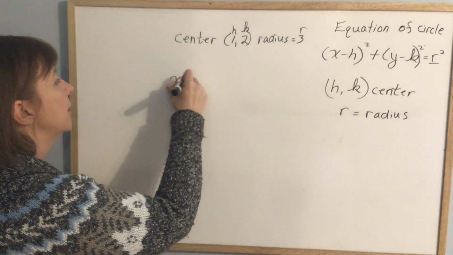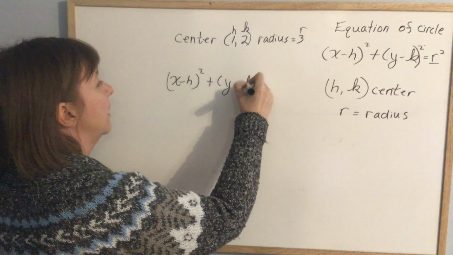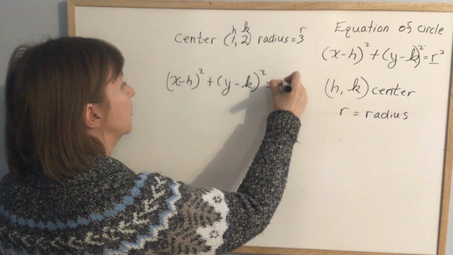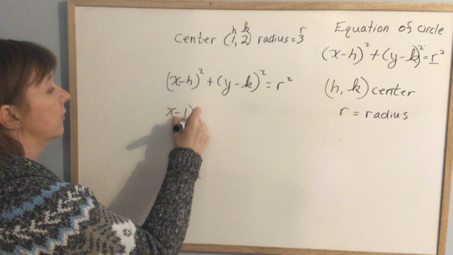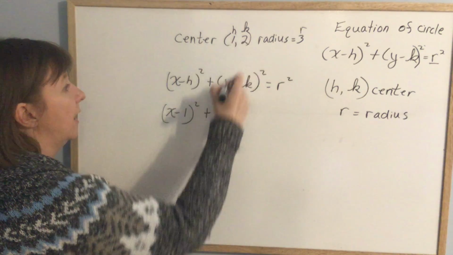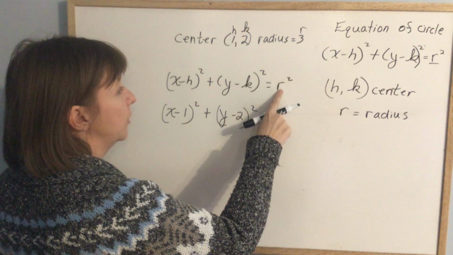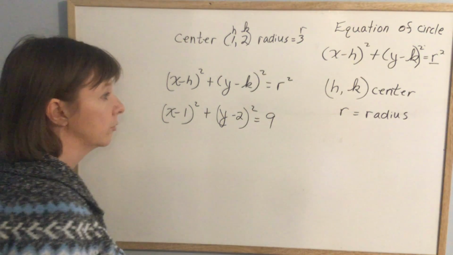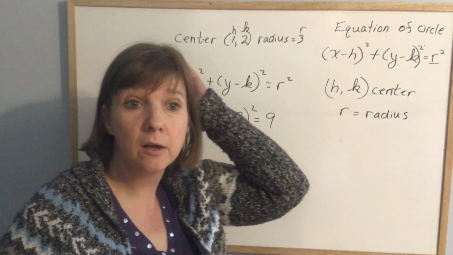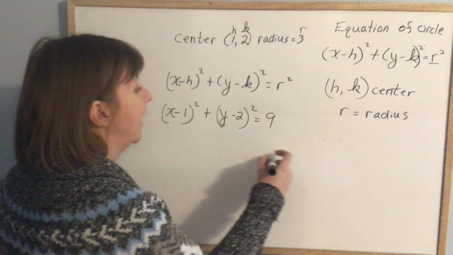So if the form is x minus h squared plus y minus k squared is equal to r squared, well, my h is 1, so x minus 1 squared. My k is 2, so y minus 2 squared is equal to whatever r is squared. Well, r is 3, so 3 squared is 9. And voila, you're done.